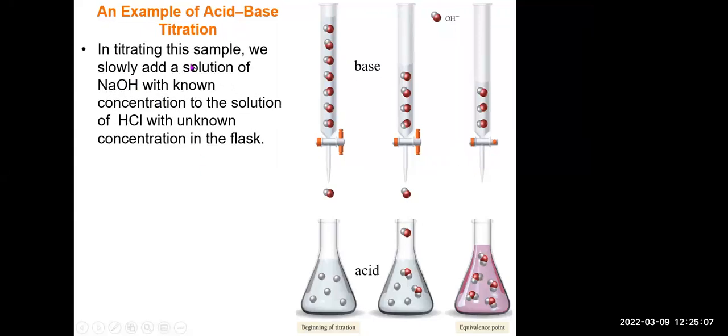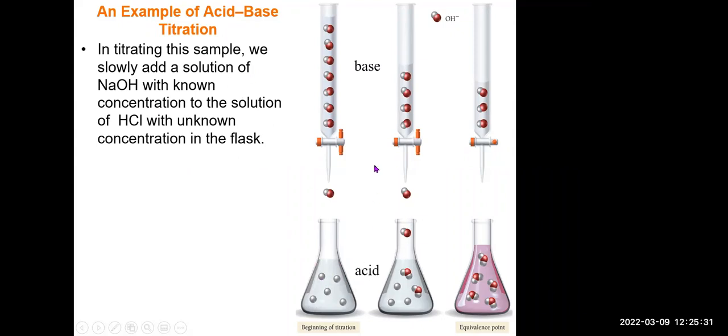In titrating this example, we slowly add a solution of NaOH with known concentration to the solution of HCl with unknown concentration in the flask. Before you start adding, you measure how much acid you have. Even though you don't know the concentration, you know the volume of the acid in the flask.